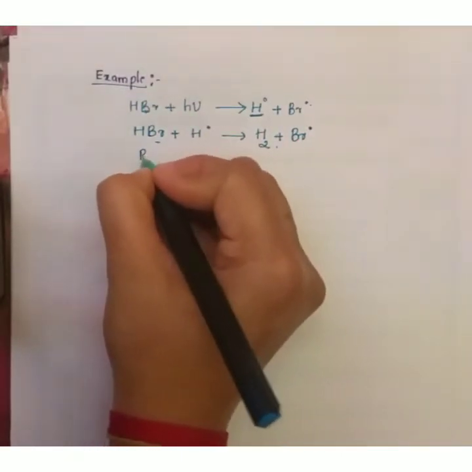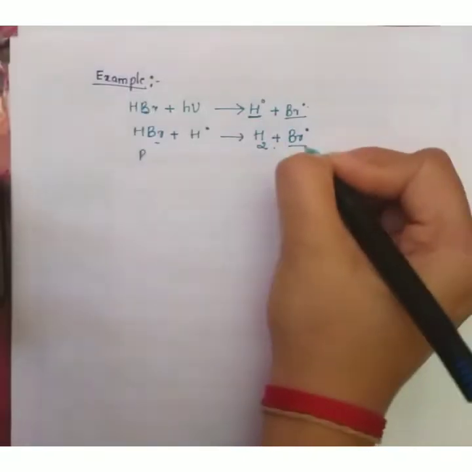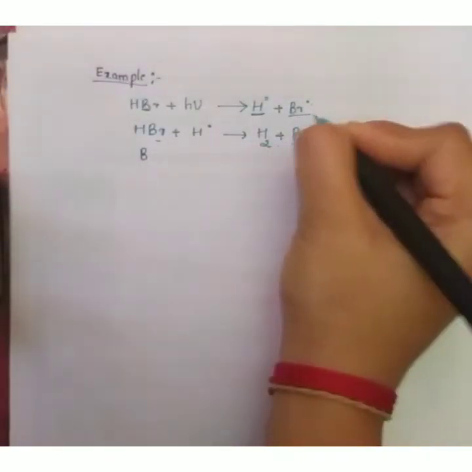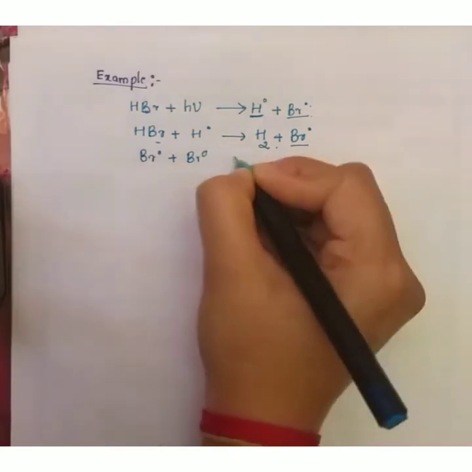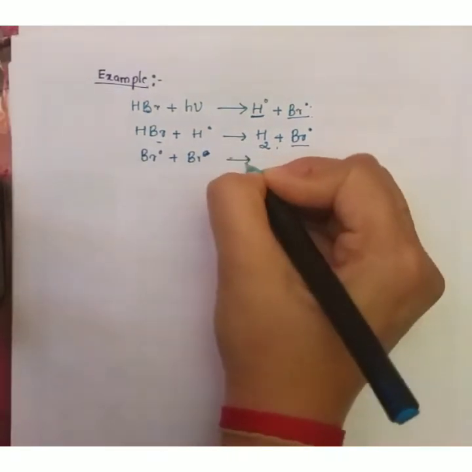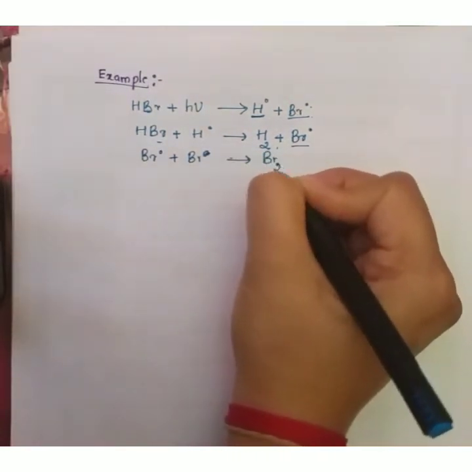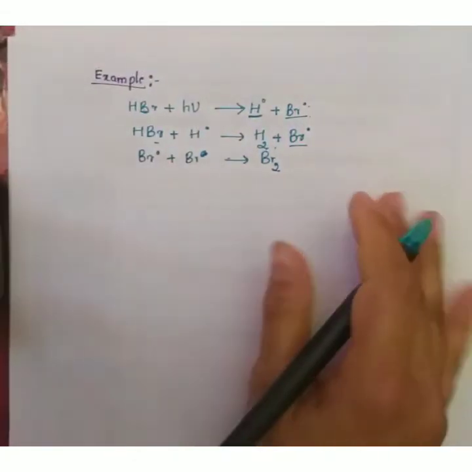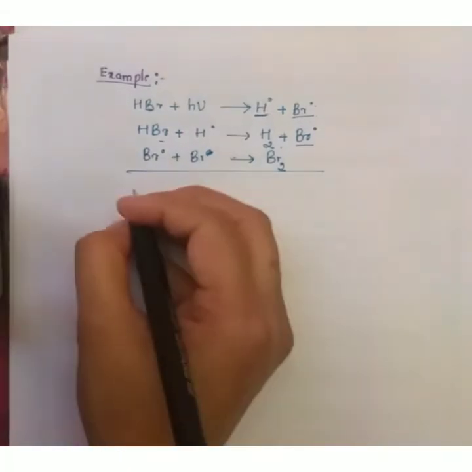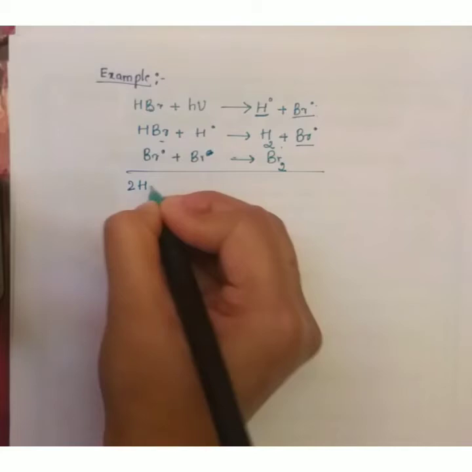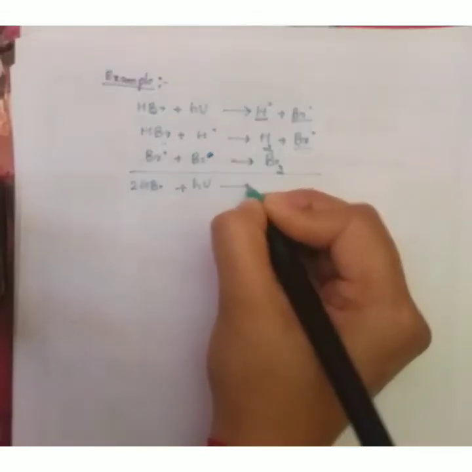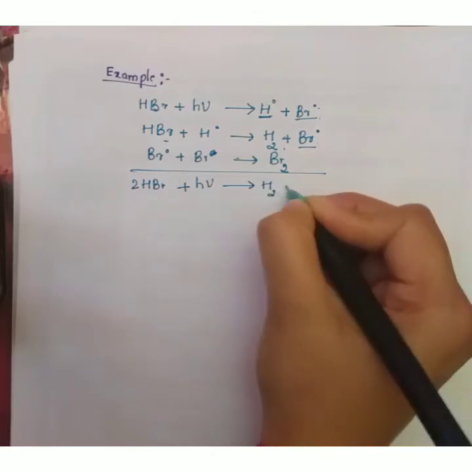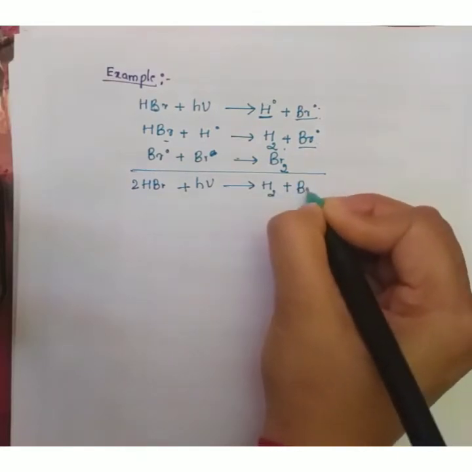Now these two bromine atoms combine to form bromine. Overall, the reaction is represented as two molecules of hydrogen bromide in the presence of light radiation forming a hydrogen molecule plus bromine.